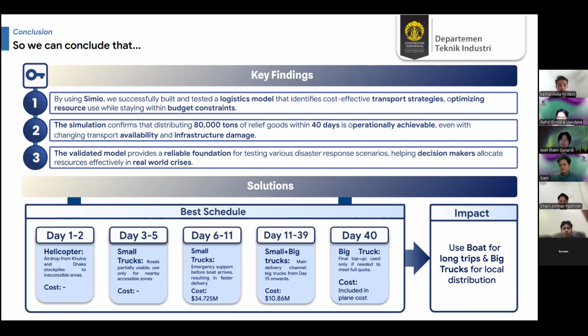From day 11 to 39, boats bring bulk goods distributed by small and big trucks. And on day 40, a final top-up by plane. For the impact, we use boats for inbound shipping and big trucks for efficient regional delivery. Overall, this plan balances speed and cost, making it ideal for large-scale disaster response.